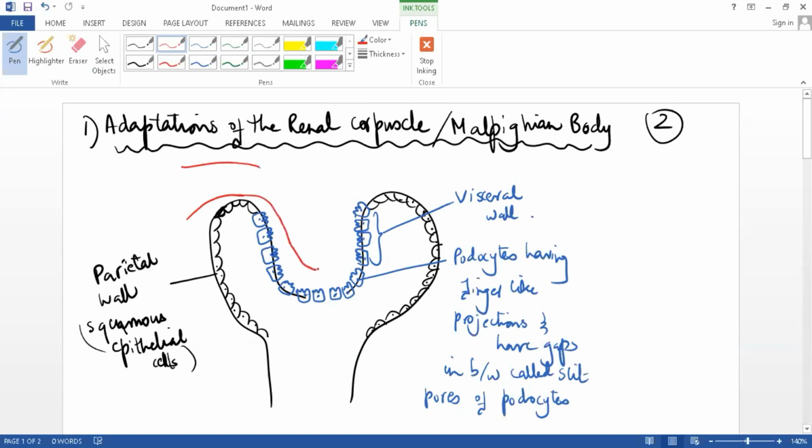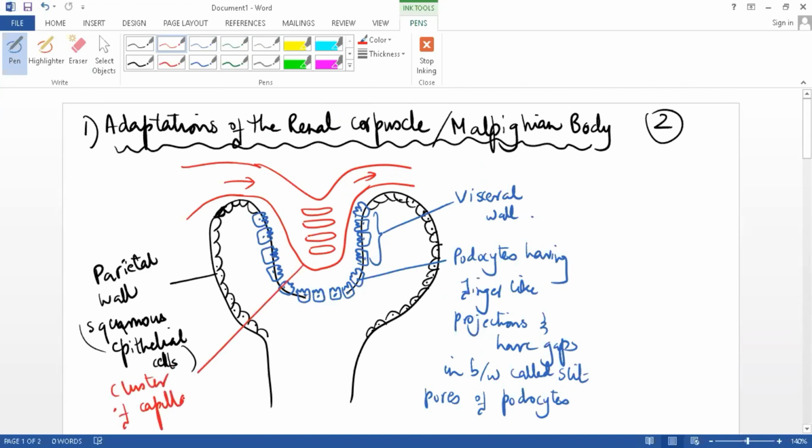Now this is the glomerulus. This is the cluster of capillaries called glomerulus.